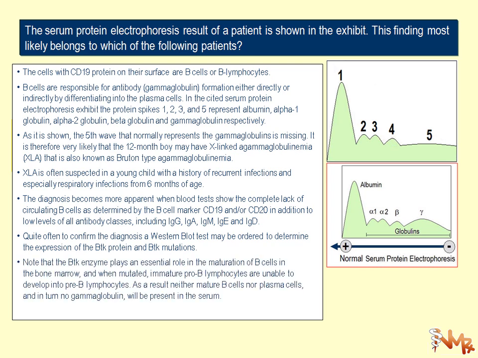Note that the BTK enzyme plays an essential role in maturation of B cells in the bone marrow, and when mutated, the immature pro-B lymphocytes are unable to develop into pre-B lymphocytes. As a result, neither mature B cells nor plasma cells, and in turn no gamma globulin, will be present in the serum of these boys.